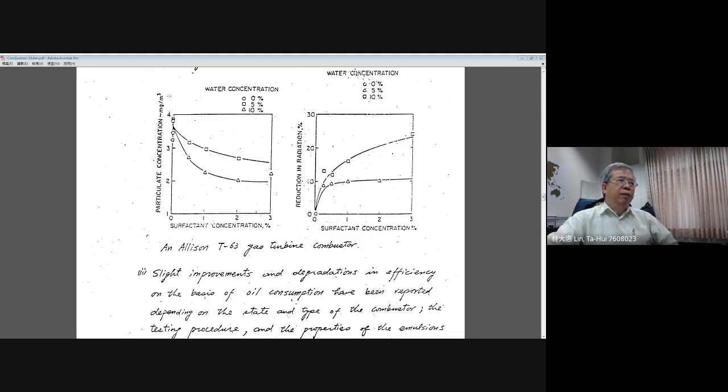The left-hand side represents the measured particulate concentration. The right-hand side shows the reduction in radiation.